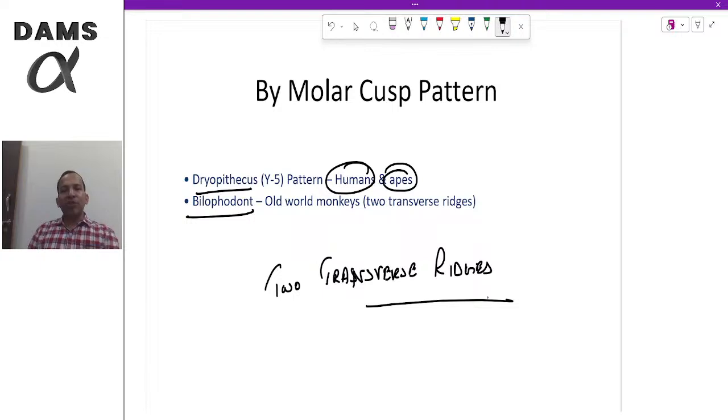So on the occlusal surface of such teeth we'll have prominent transverse ridges. We don't have such prominent transverse ridges, but teeth classified as bilophodont will have prominent transverse ridges on their occlusal surface. Is it clear?